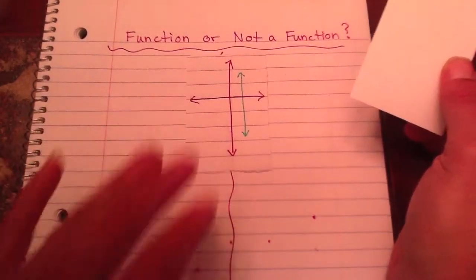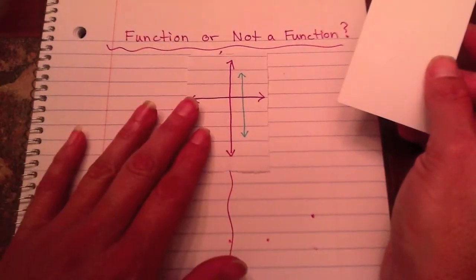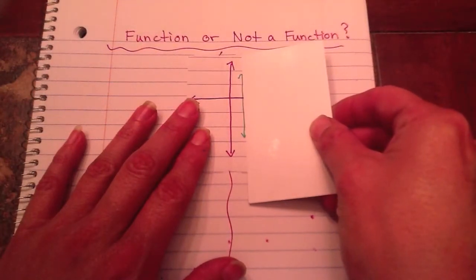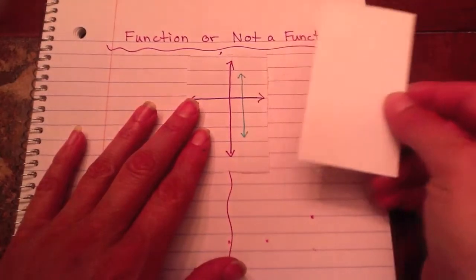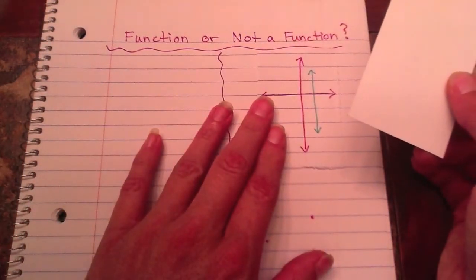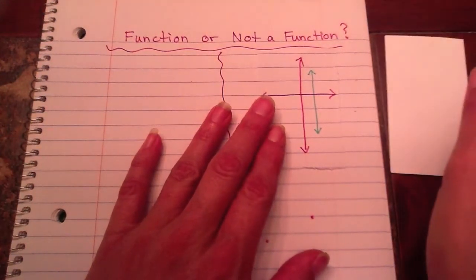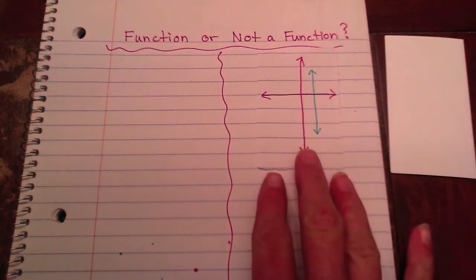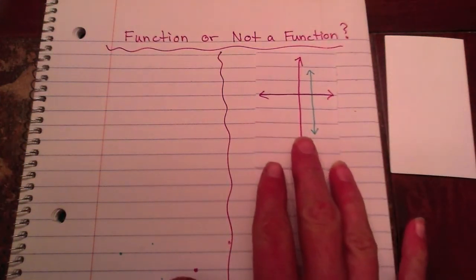What happens if I do that? So now I have a vertical line. Vertical line says, yep, it's got a lot of repeating x's. Every single one of them. Not a function. So write that one in. And now move on to the next one. Again, hit pause if I'm moving too fast.